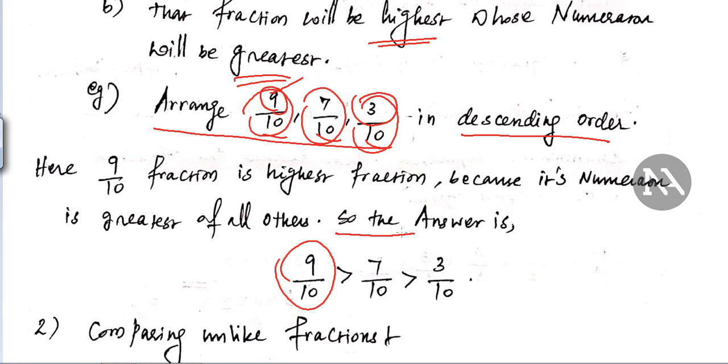Descending order means decreasing order. So 7 by 10 is the next smaller number. That means 7 by 10 is less than 9 by 10, and 3 by 10 is smaller than 7 by 10. So this is the case of like fractions.